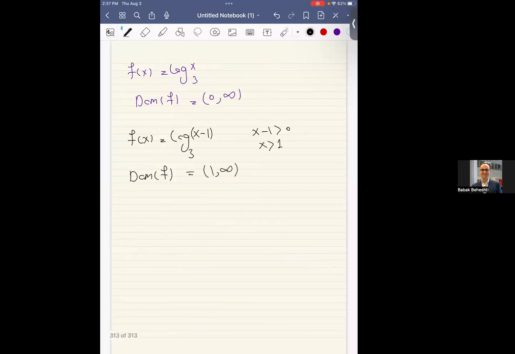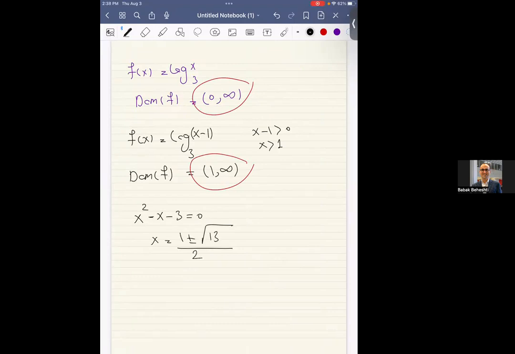So that means in your equation, you have to be careful. X must be both in this domain and also in this domain. But the intersection of these two is just the second one, 1 to infinity. So when you solve this equation, x squared minus x minus 3 equal to 0, you get x equal to 1 plus or minus square root of 13, divided by 2.